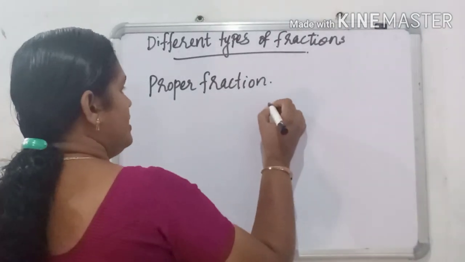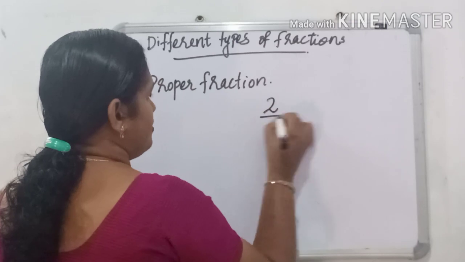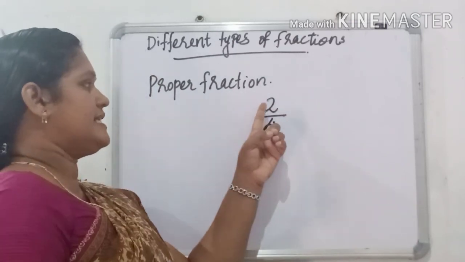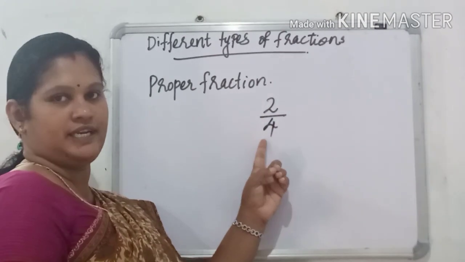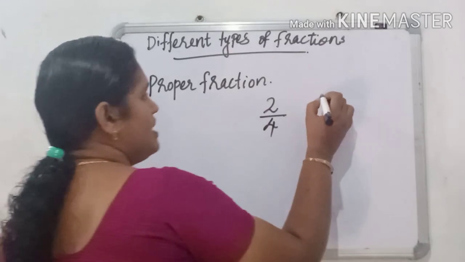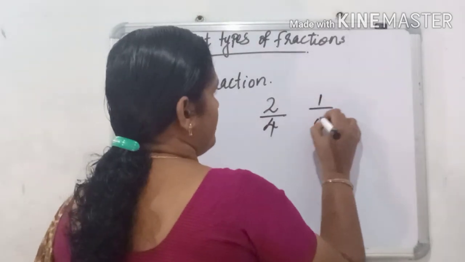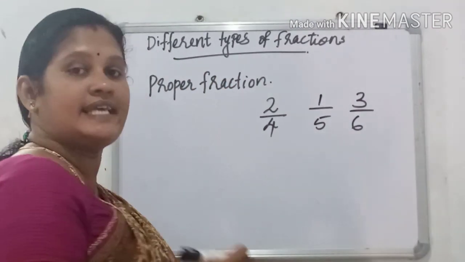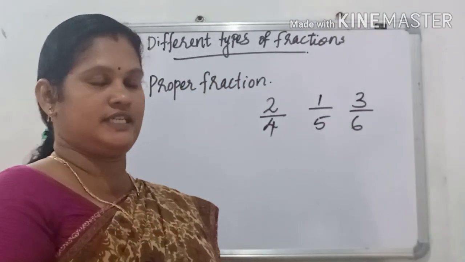For example, 2 by 4. Here, the numerator is less than the denominator. This is a proper fraction. Another examples, 1 by 5, 3 by 6, etc. are the examples of proper fraction.